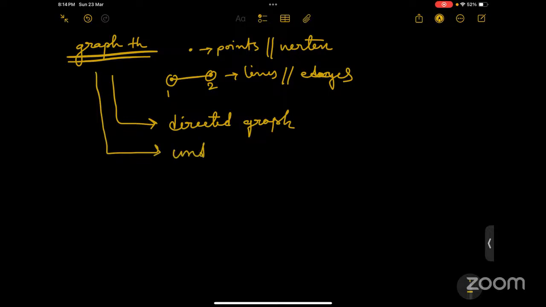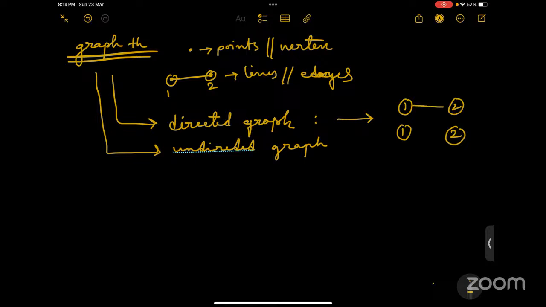What is a directed graph? Anyone? So you have an arrow pointing from one vertex to the other. Yeah. So in a directed graph, we will use an arrow. That means we will mention the direction. So if we have one vertex, we have another vertex. This means we have the edge from 1 to 2, and this means we have the edge from 2 to 1.